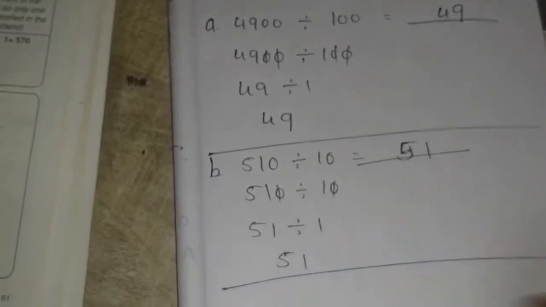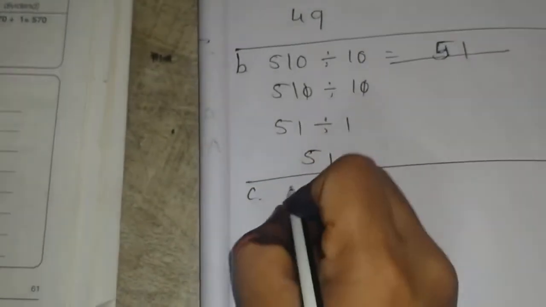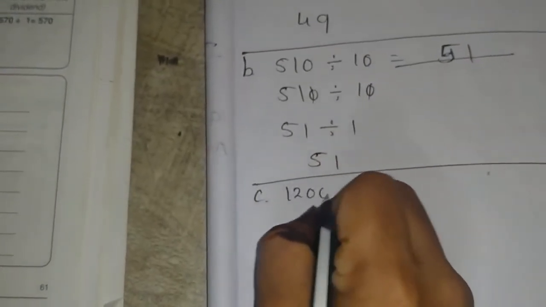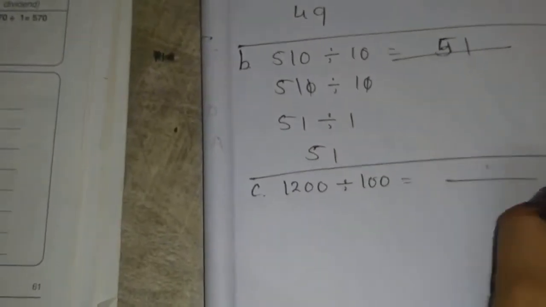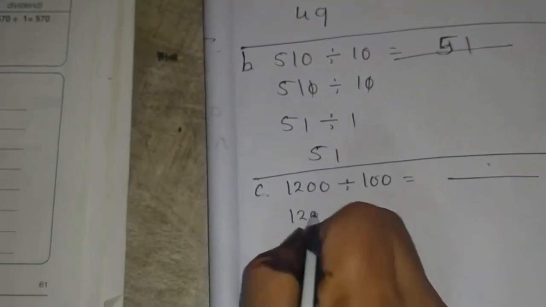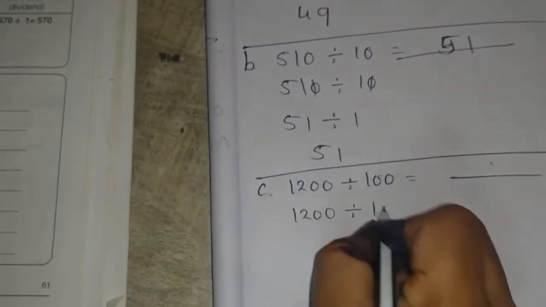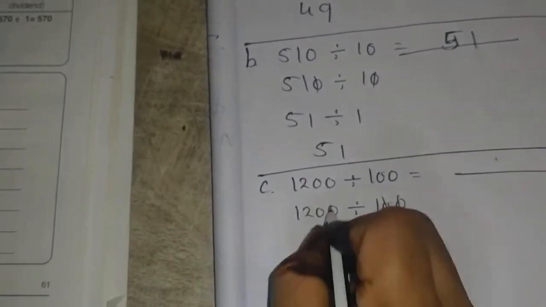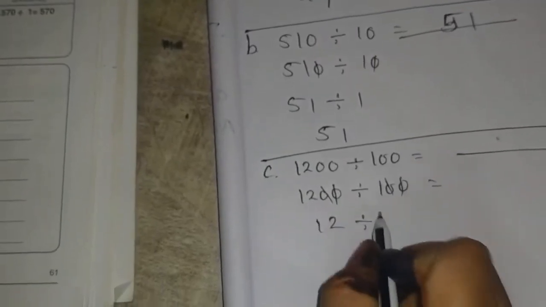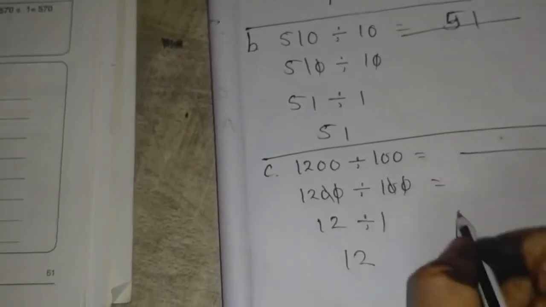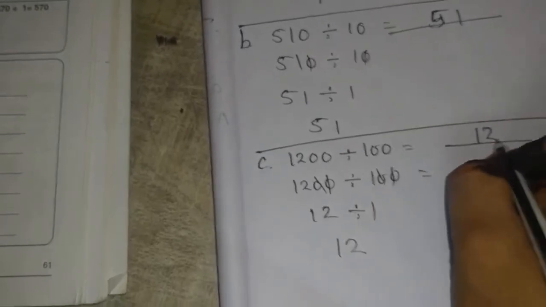Now we'll start C1 question. So C1 question is 1200 divided by 100 is equal to dash. So here we have to write 1200 divided by 100. So we have to cancel the 0s. So 12 divided by 1. Answer is 12. So here we have to write 12.